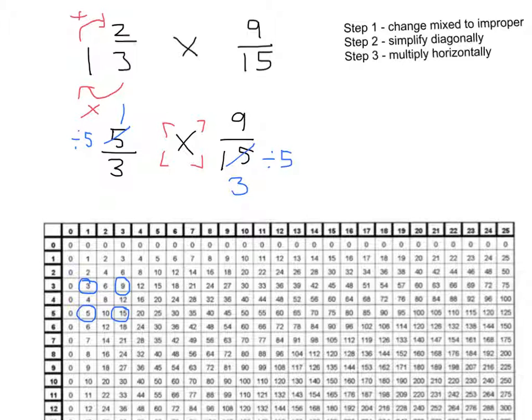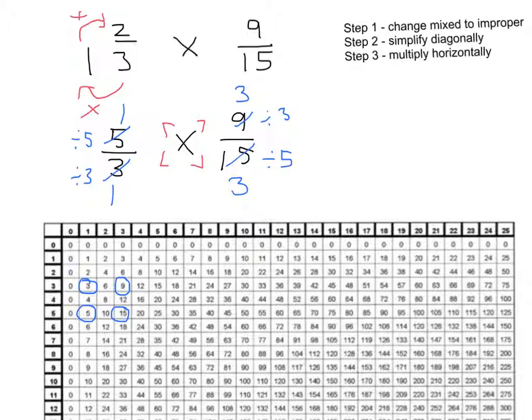So let's write that down. And we know that 3 goes into 9 as well, because as it says here, 9 divided by 3 is 3. So let's write that down. Okay, so now step 2 is done.